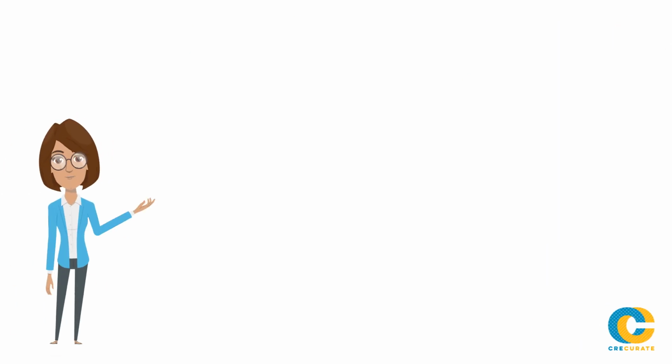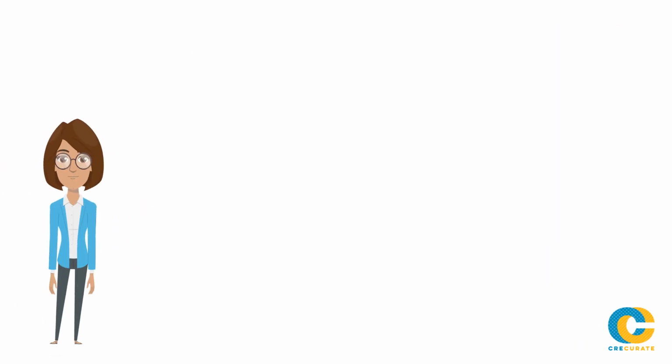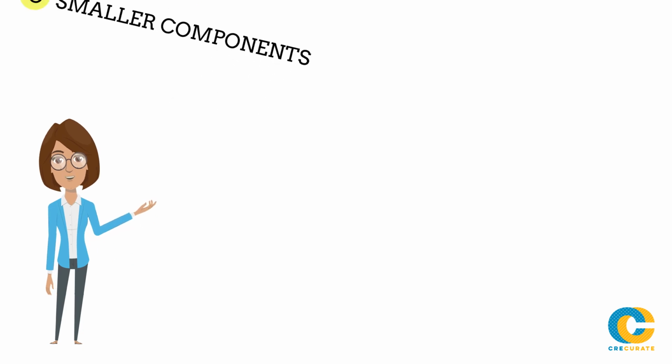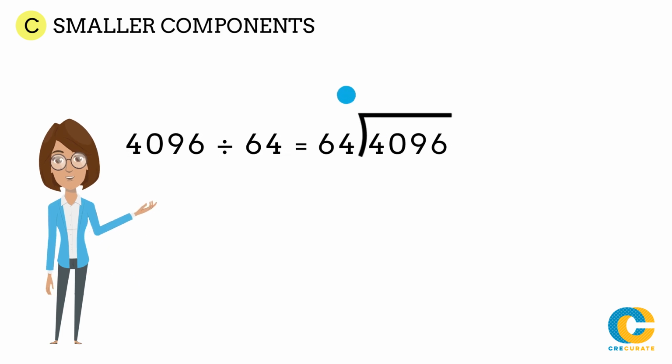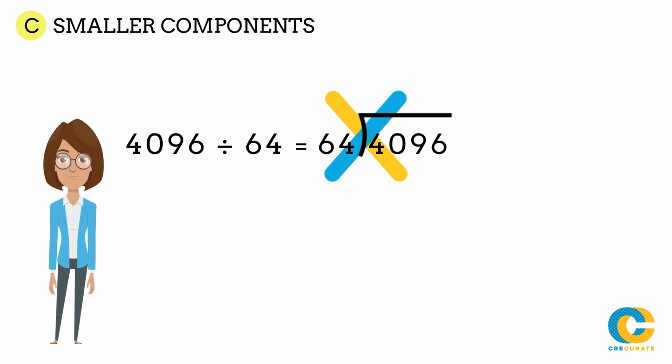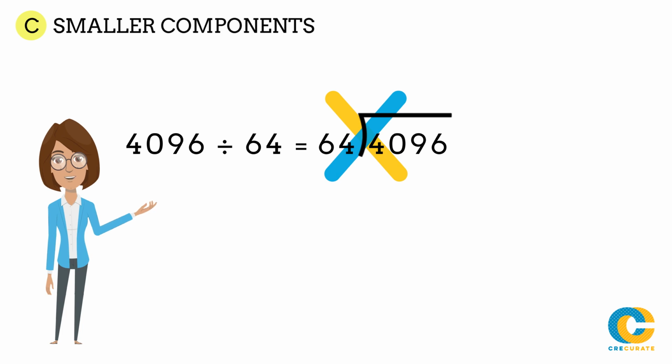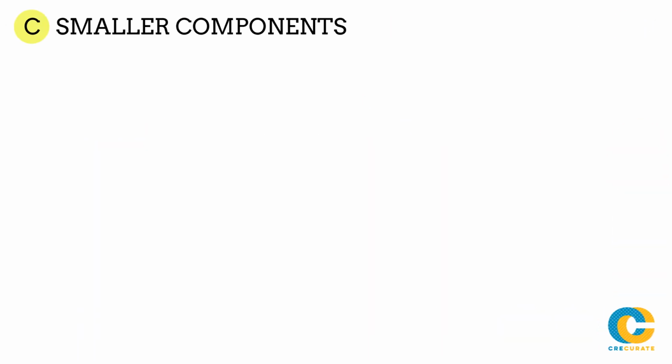Instead of partitioning or splitting our dividend, we can also look at breaking our divisor into smaller components. This is especially useful when we are dividing by large numbers where the times table would not be of much help in our quest to perform long division. For example, to divide 4096 by 64, we can first think of 64 as 2 times 32.